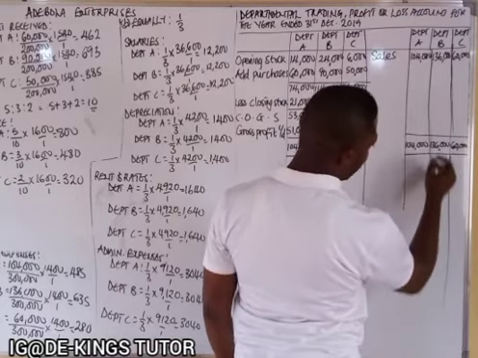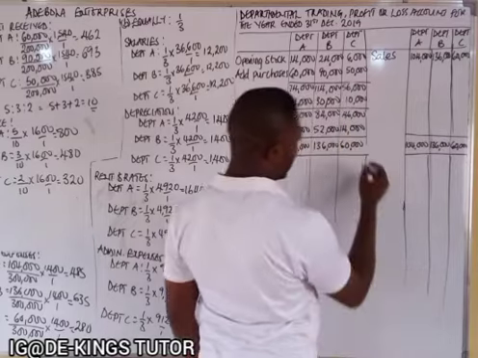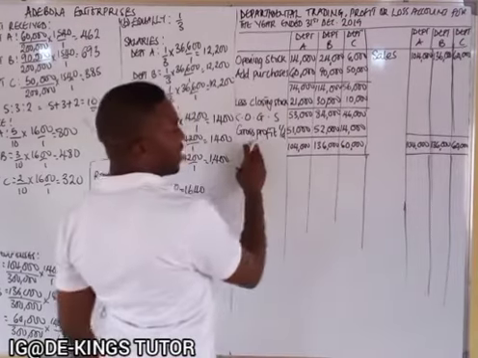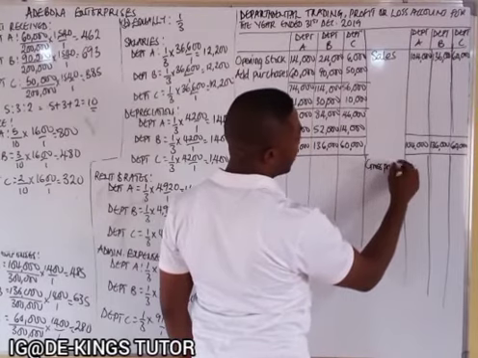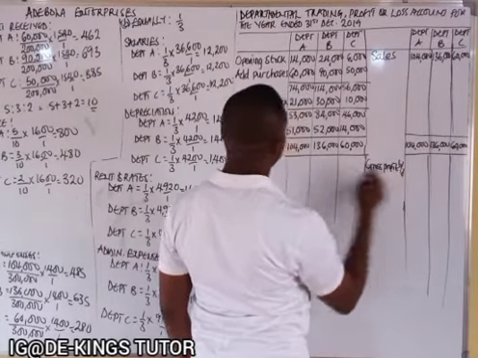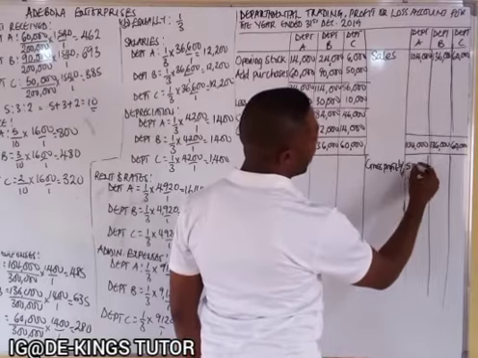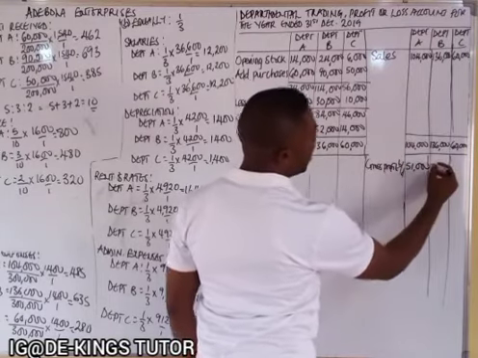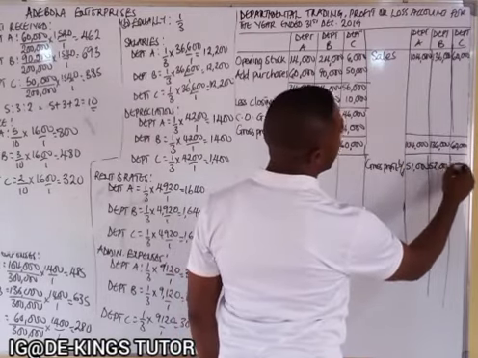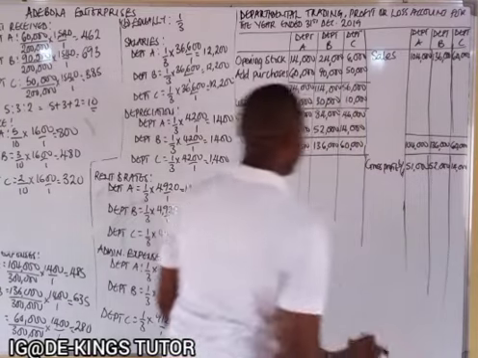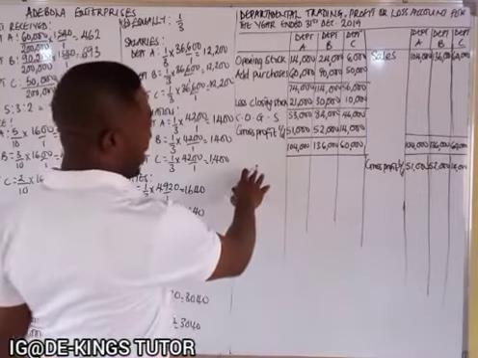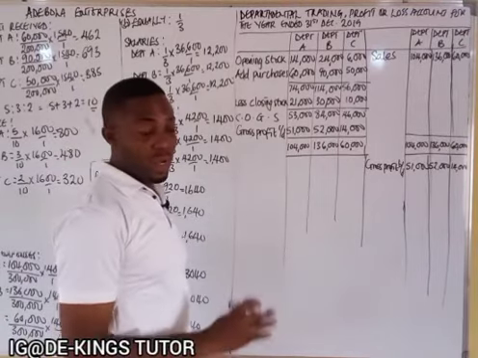Okay, so that is that. So this gross profit carried down is now brought down here as gross profit brought down. So department A is 51,000, department B is 52,000, and department C is 14,000.